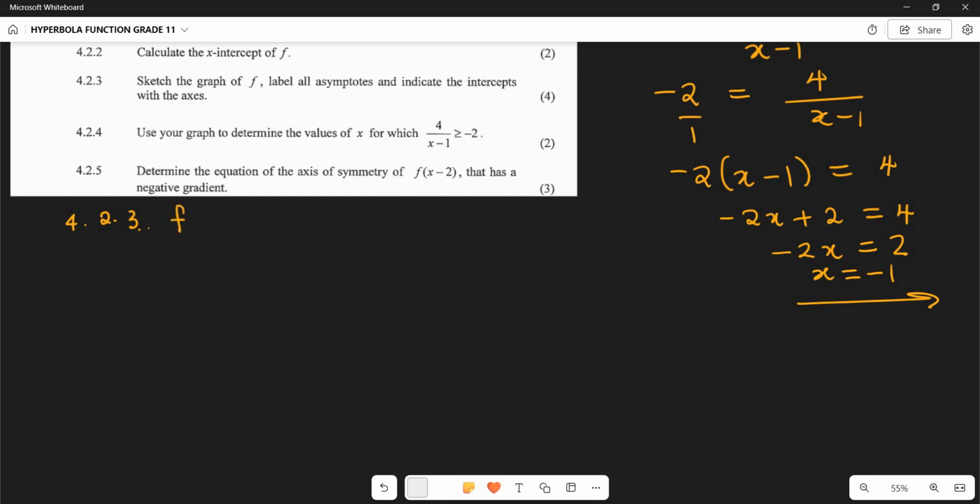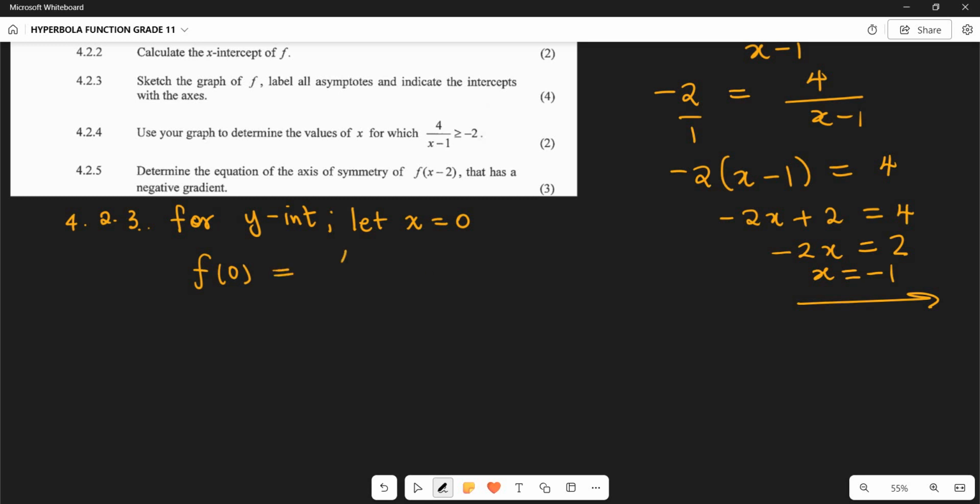So for y-intercept, as much as they didn't ask us to find it, we need to find it. Let x be equals to 0. So in that case, our x value is 0. So wherever we see x, we replace it by what?